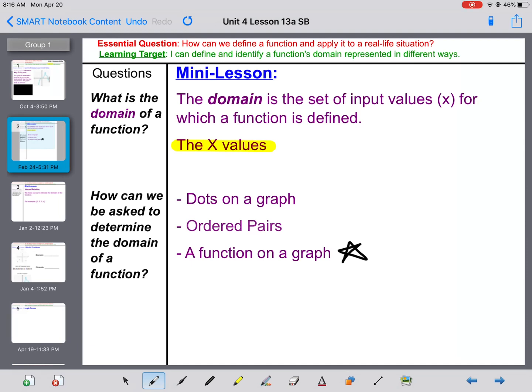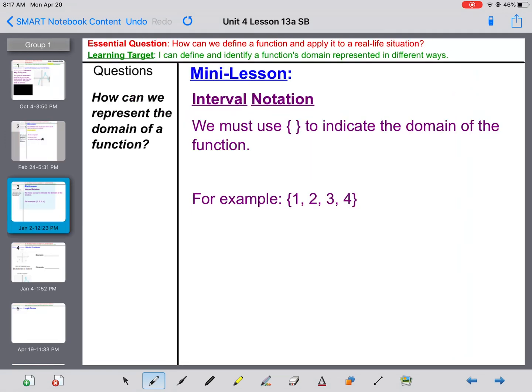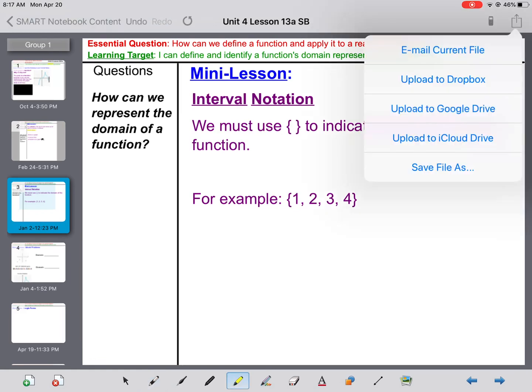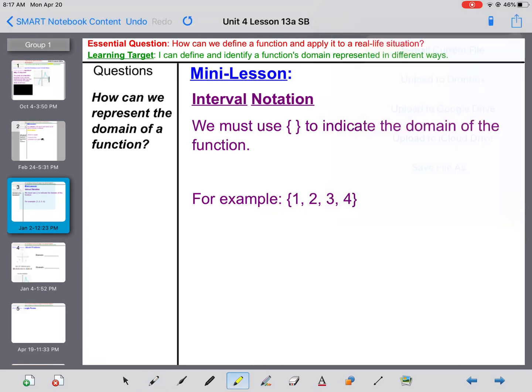Moving along to the last part of our mini lesson, questions part. How can we represent the domain of the function? Okay, we're going to be using what's called interval notation, which means we must be using these brackets.